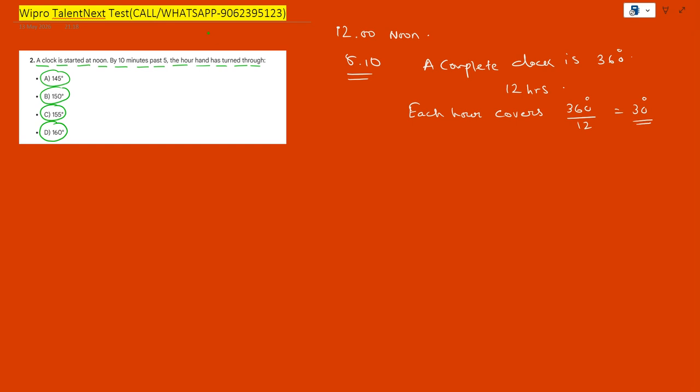Very important result. Okay. Hour hand moves 30 degree in 1 hour. Now, this is the key concept of the clock aptitude. Memorize this.